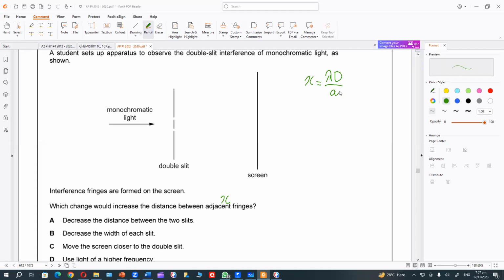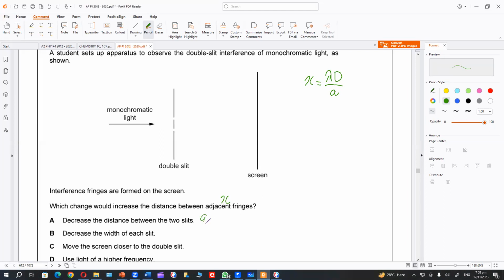Okay, one suggestion is B and one suggestion is A. Decrease the distance between the two slits.